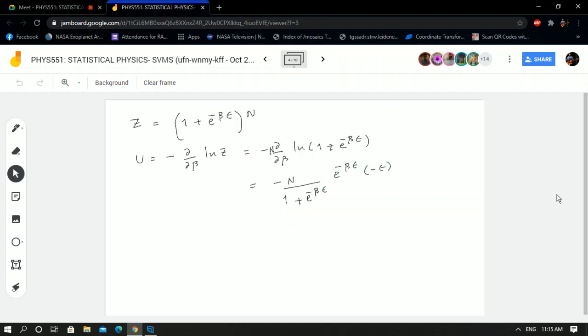So your average energy is given by n epsilon divided by e to the power beta epsilon plus 1. Is that correct? Yes, so your internal energy is given by n epsilon divided by e to the power beta epsilon plus 1.